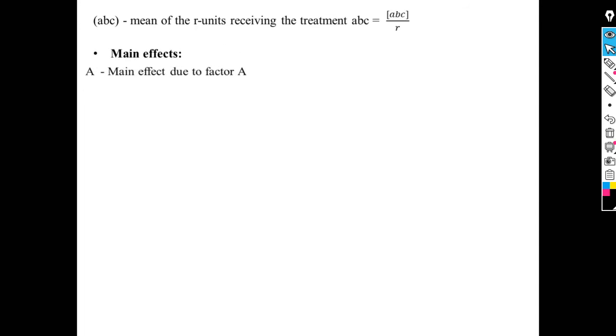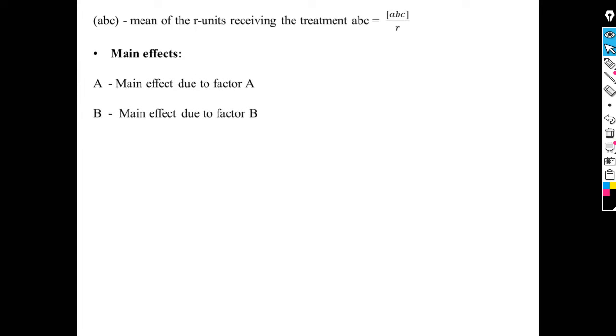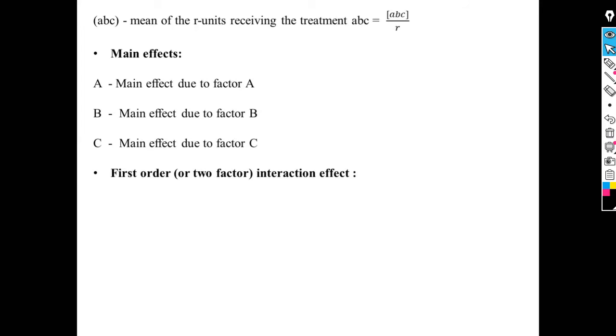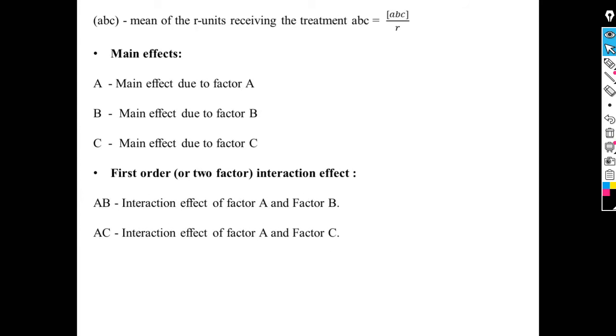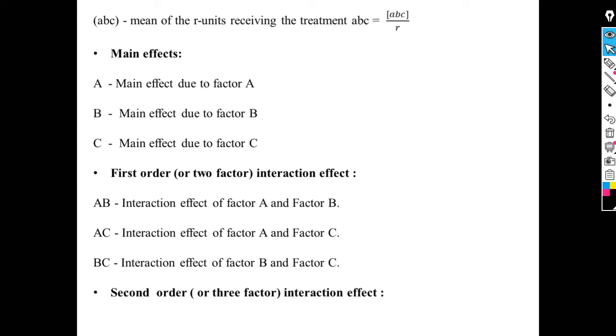Here capital A denotes the main effect due to factor A. Capital B denotes the main effect due to factor B. Capital C denotes the main effect due to factor C. Then we have first order or two factor interaction effects. These are denoted as capital AB, the interaction effect of factor A and factor B. Then AC denotes the interaction effect of factor A and factor C. BC denotes the interaction effect of factor B and factor C. Then we have the second order or three factor interaction effect, denoted by capital ABC.